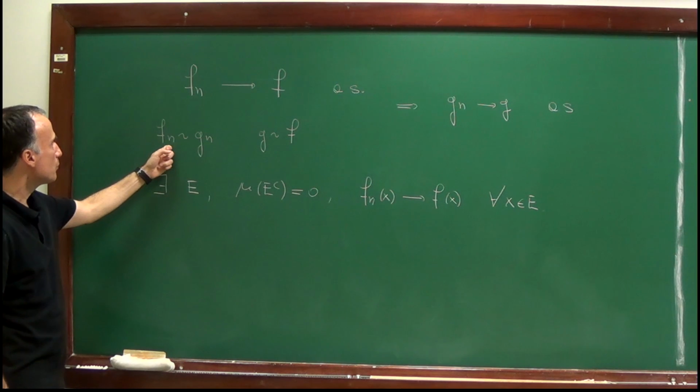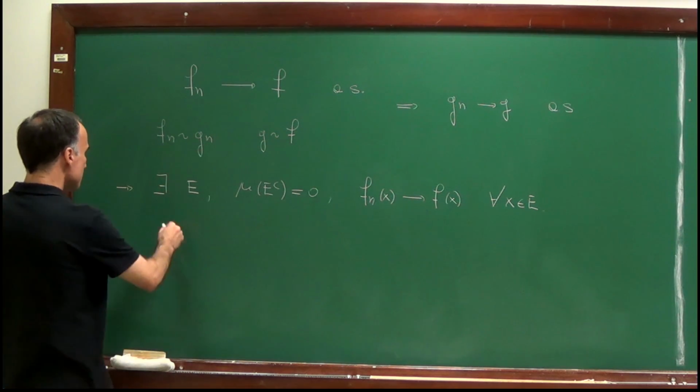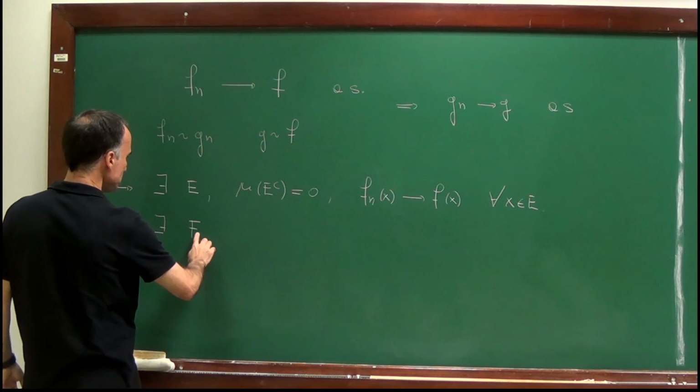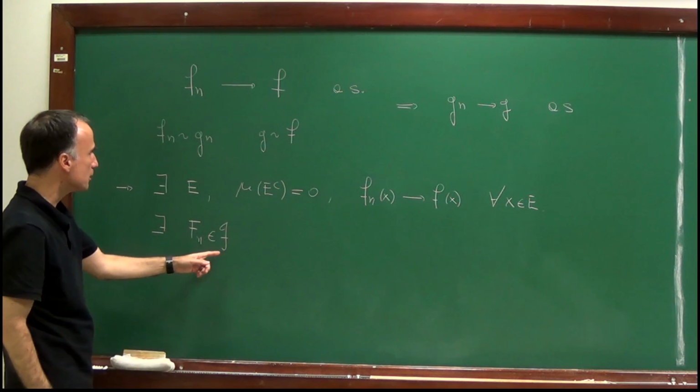Now, when we say that fn is equivalent to gn, this means that there exists a set, let's call it Fn, which is also an element of the sigma algebra.